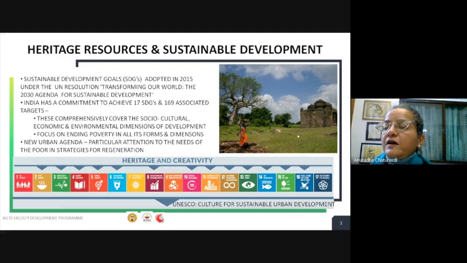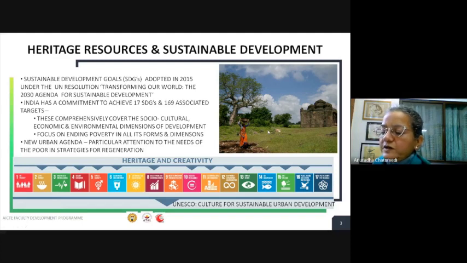So, what are the Sustainable Development Goals, and how are heritage and creativity of our communities linked with them? The first goal is related to no poverty. The second is related to zero hunger. Third is related to good health and well being.